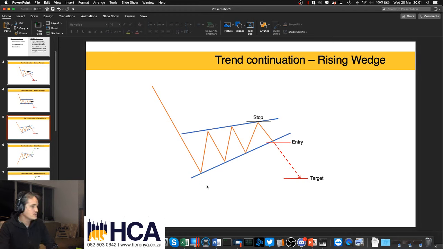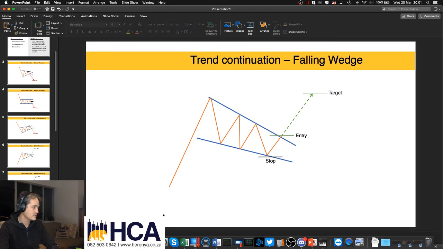So you would want to see volume taper off, become less and less as price is rising in this rising wedge, and then kind of burst the dam walls and increase quite rapidly when this break happens.